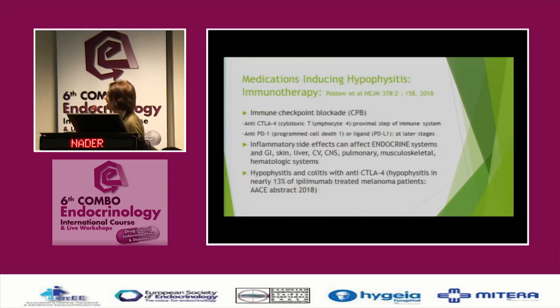So with immune checkpoint blockade, these anti-CTLA-4 drugs act at the proximal step of the immune system, and the anti-PD-1 or the ligand act at a later stage. These inflammatory side effects can affect the endocrine system, GI, skin, liver, etc., as I will show you on the next slide.